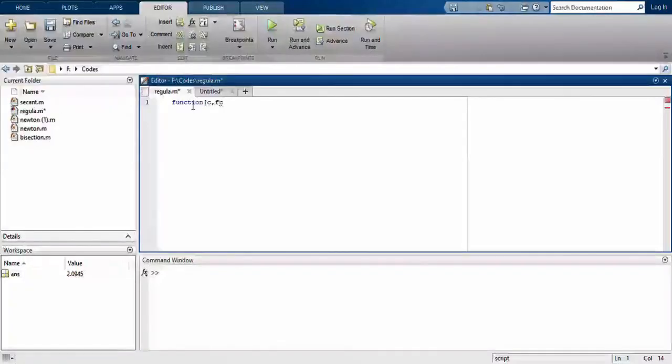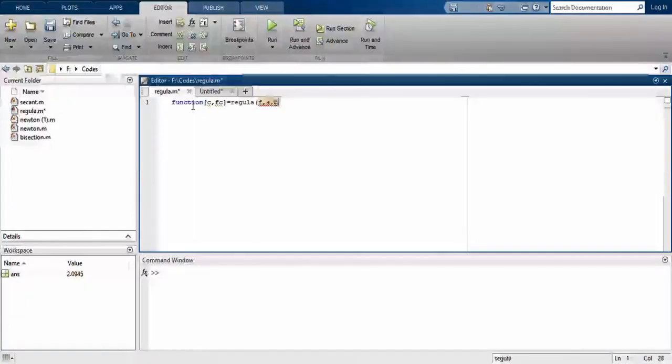I name the file regula, because whatever name I declare, I have to save it by itself. Then the function, its root, because it must have the opposite sign condition, and the number of iterations I have to give by myself. So these things are required, and if anything is missing I will tell you later on.